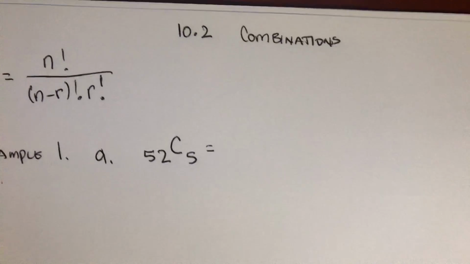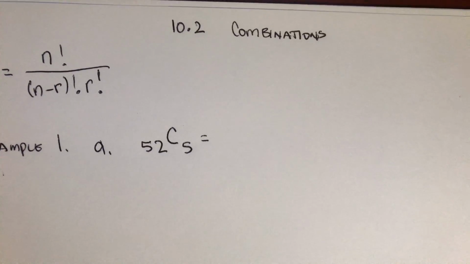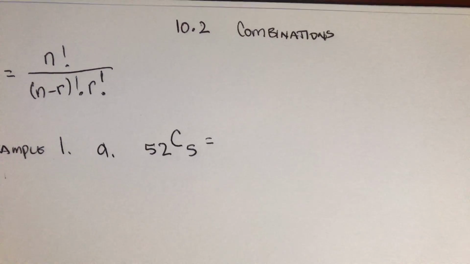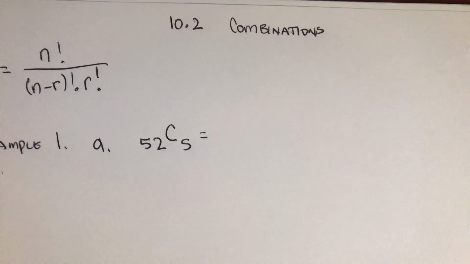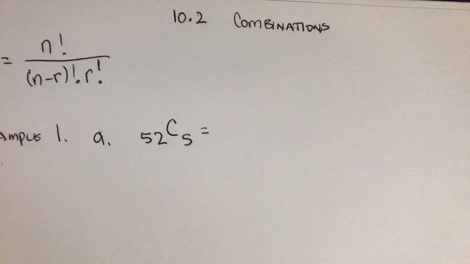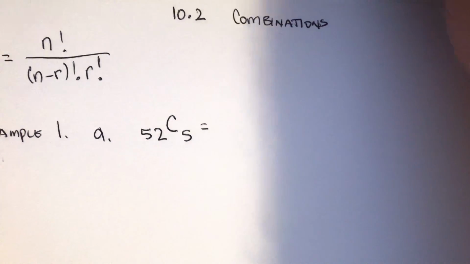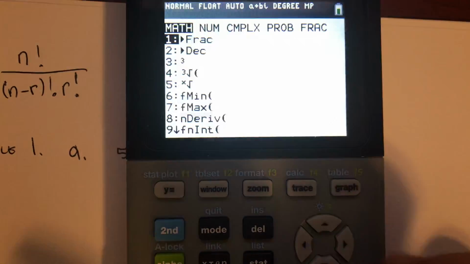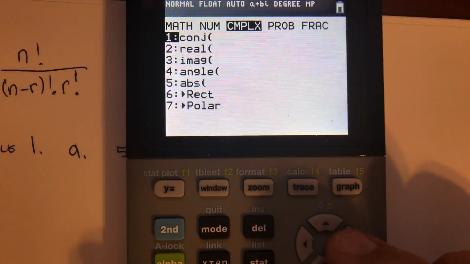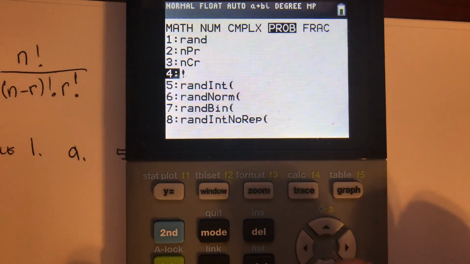And the reason it's a combination, not a permutation, is because it doesn't matter what order the cards are in, right? It's still the same hand. So 52 C5 on my calculator, I go to Math, highlight Prob, go down to NCR.